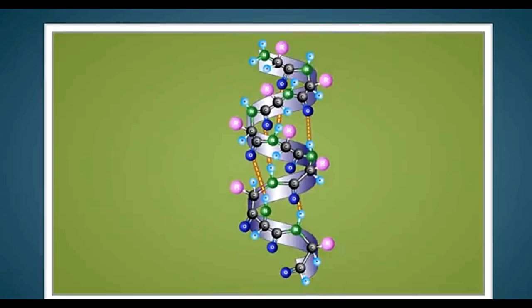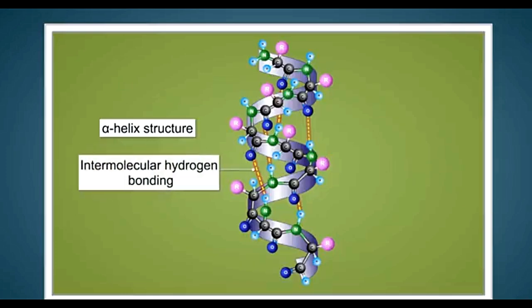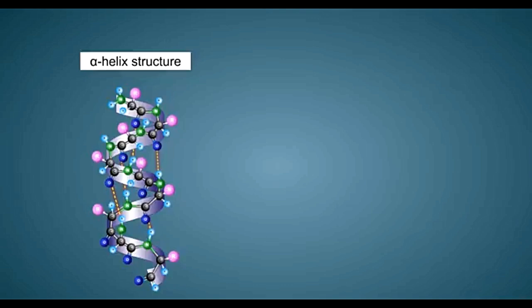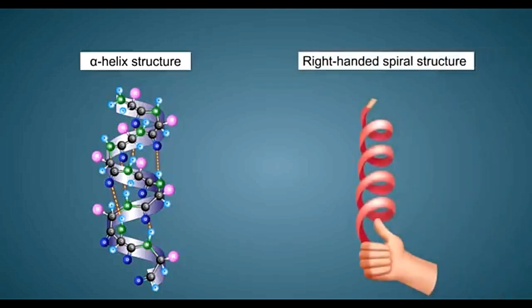The secondary structure shown right now is called the alpha helix structure. As you can see in this structure, the hydrogen bonding occurs between the amino acids of adjacent turns. This results in the twisting up of the structure into a right-handed spiral structure.